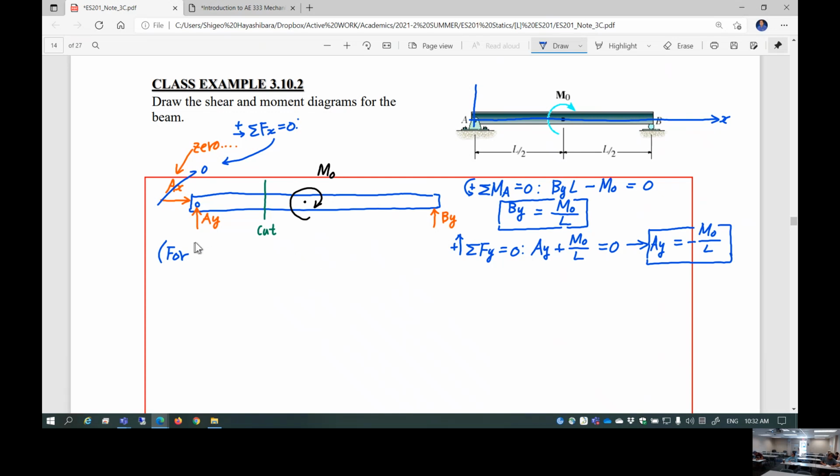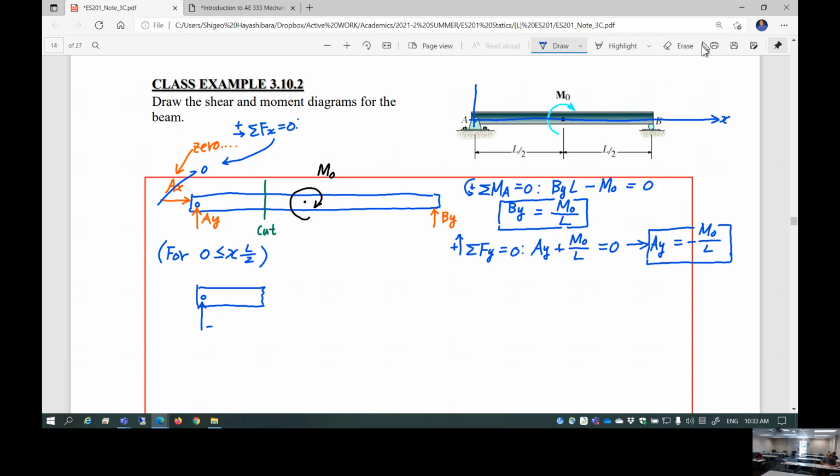So for the range of x, 0 to half L, starting from here all the way to the location of the external moment, you're going to introduce a cut. Then pick up that cut segment as a free body diagram. And of course, you know AY is negative.